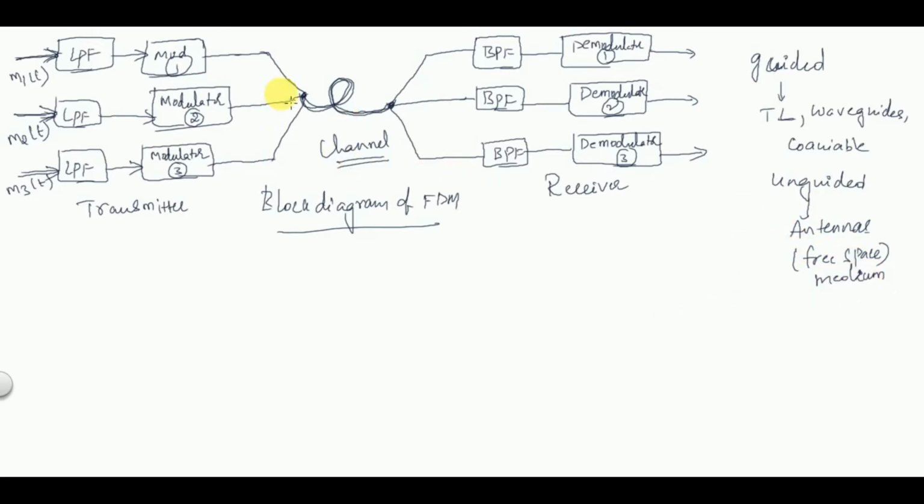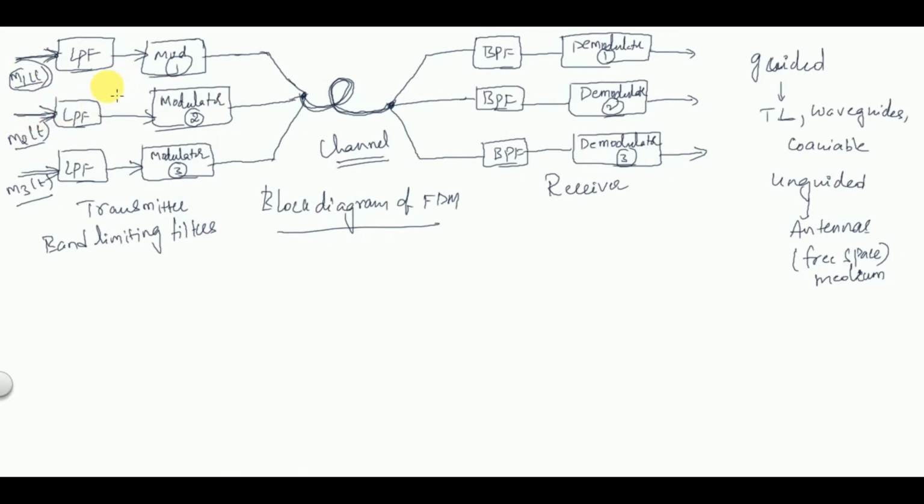So this is a frequency division multiplexing block diagram where you transmit three message signals with the same frequency range through multiplexing. These low pass filters are band limiting filters, because normally a given message signal has no upper cutoff frequency.